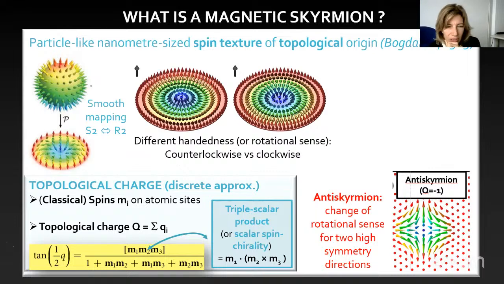And so the way we define the topological charge is the sum of contributions coming from each of the triangles, where we have a triple scalar product defined like this: a scalar product of one spin times the cross product of the two others on the triangle. So already from here you see that to have this topological charge be non-zero, you not only need non-collinearity but also non-coplanarity.